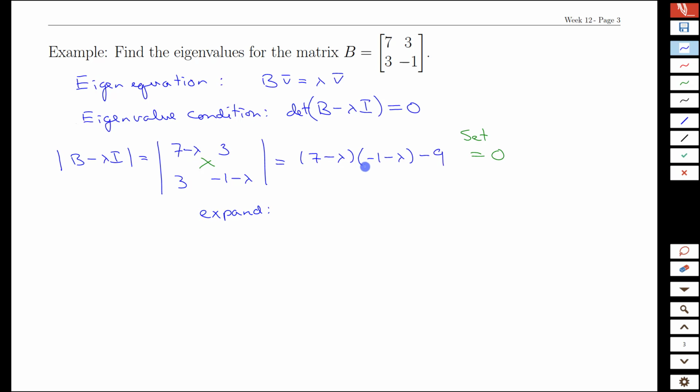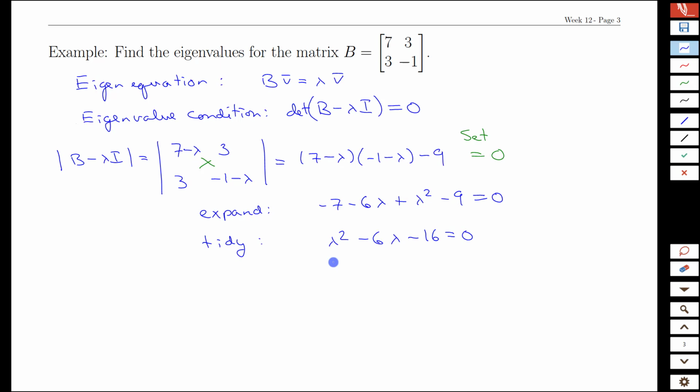And that'll be negative 7 plus a lambda minus 7 is minus 6 lambdas plus lambda squared minus 9 still equals 0. We'll tidy that up. That is lambda squared minus 6 lambda and minus 16 still equals 0.